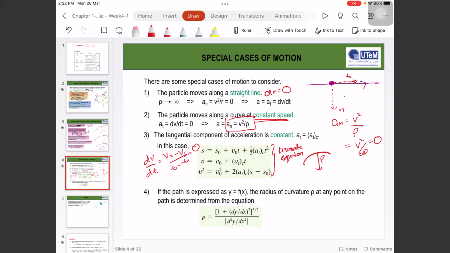Number 4, if the path is expressed as y equals f of x, the radius of curvature rho at any point on the path is determined from the equation. For example, I have this movement.